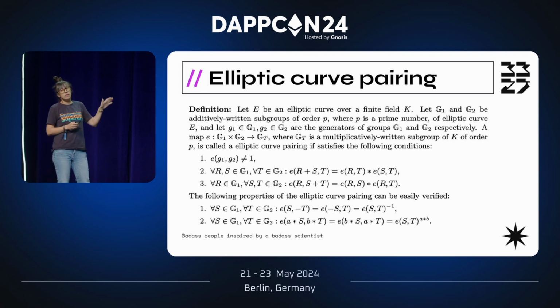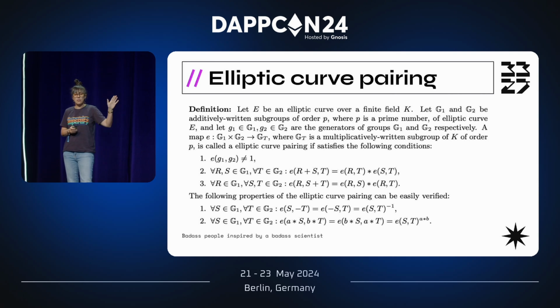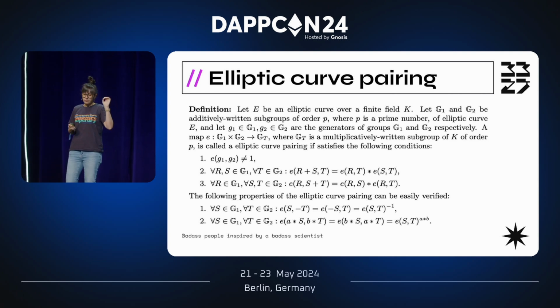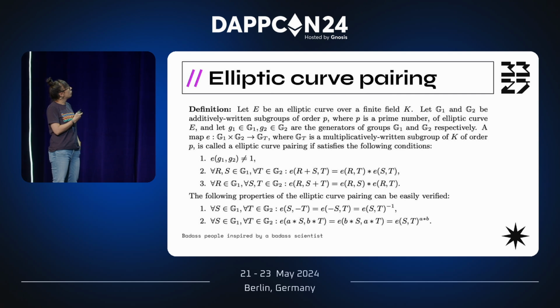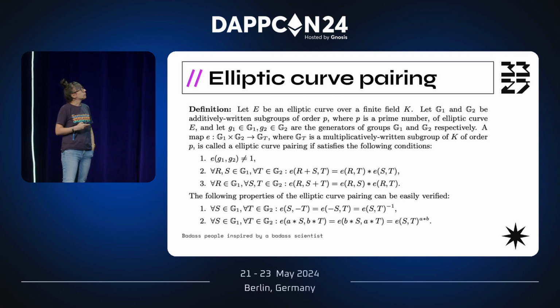We will just say that we have one bilinear map, and the elements for this are subgroups of an elliptic curve over a finite field, and they have the same order. And G1 and G2 will be generators for these subgroups. And we will use here just property 2. What does this property 2 say?